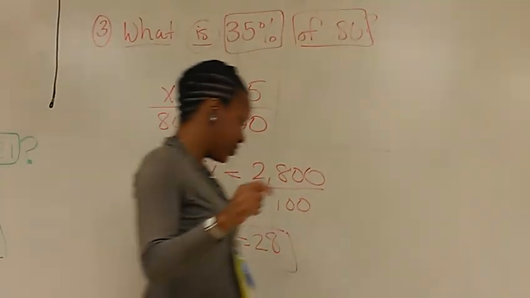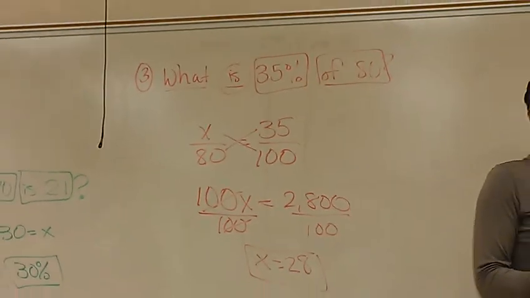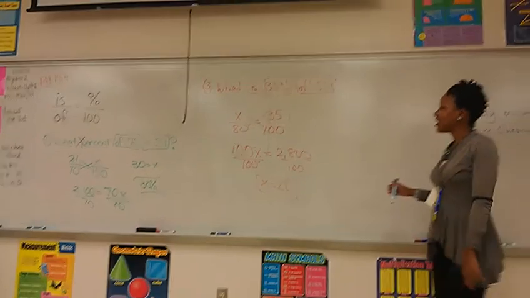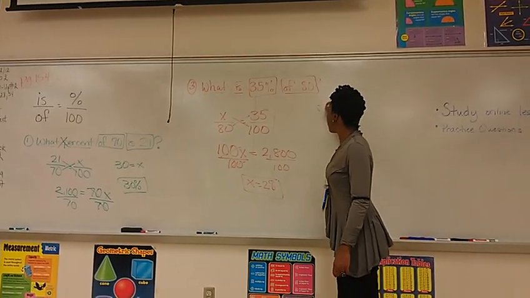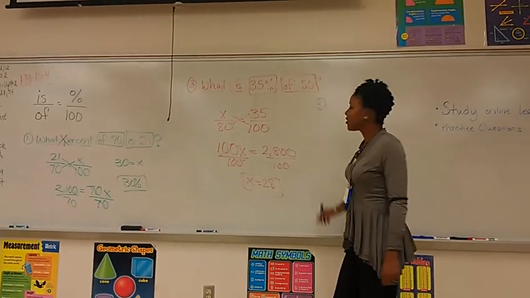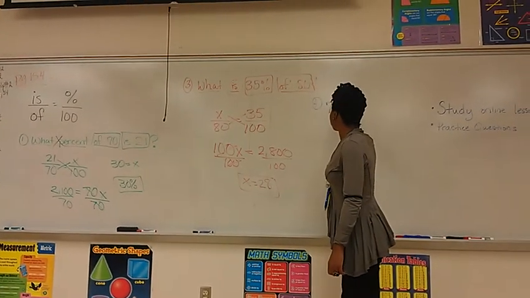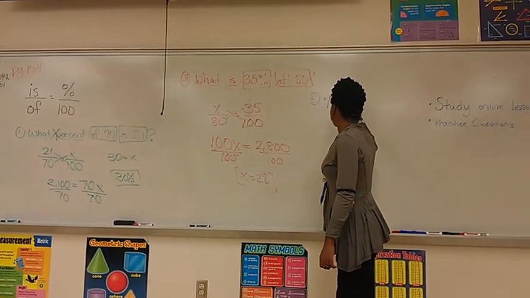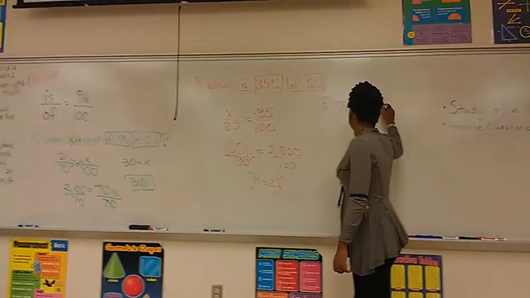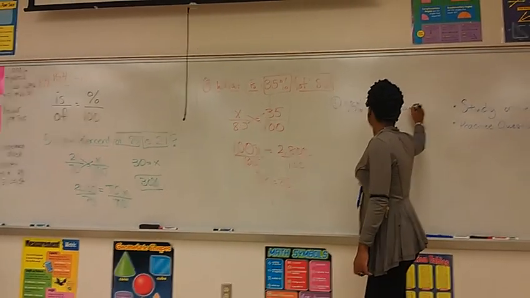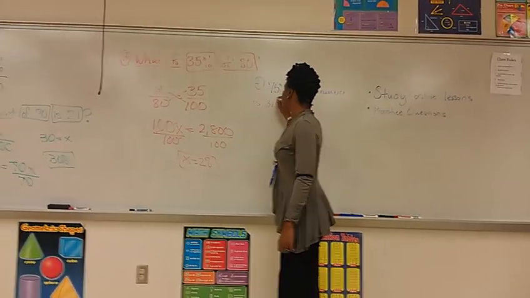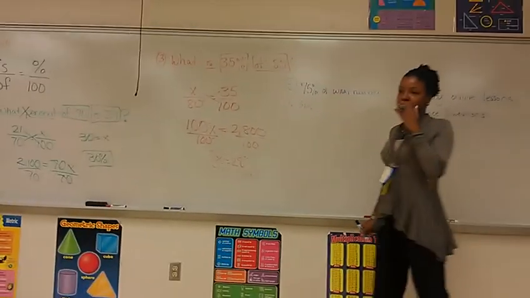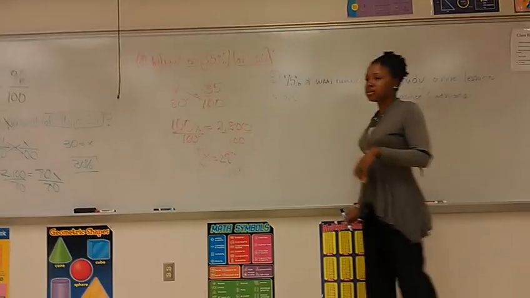Just dig in your hole deeper and deeper. Two more questions. Somebody read me number 4. 75% of what number is 36? Okay, what do we know easily, automatically? 75%.